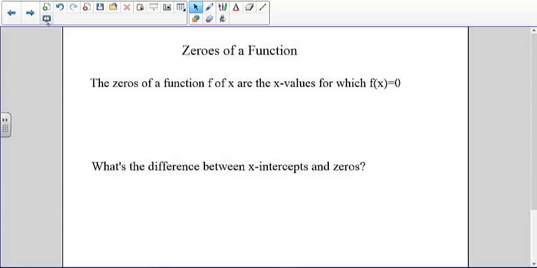If you have a practical problem that you have been able to fit to an equation, the solutions to that equation are many times the zeros of the function, which are the x-intercepts. So what's the difference between x-intercepts and zeros? Nothing. Same thing.